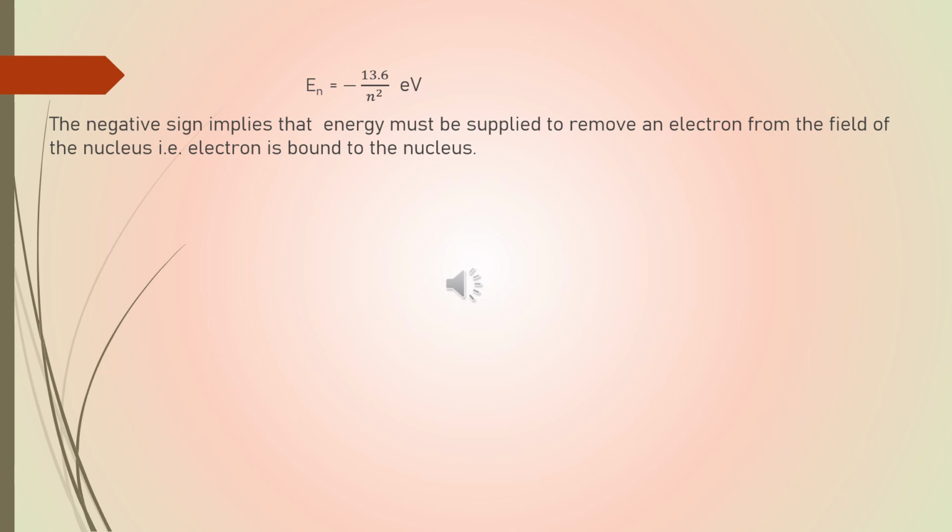Total energy can also be expressed in terms of electron volt as minus 13.6/n². The negative sign in the equation tells us that the electron is bound to the nucleus and energy must be supplied to remove an electron from the field of the nucleus.